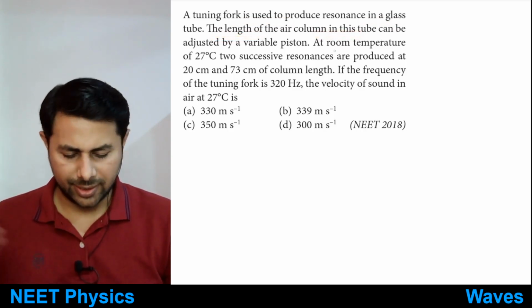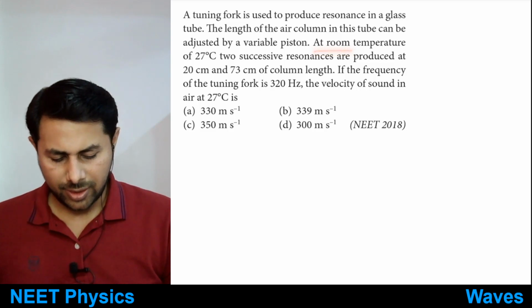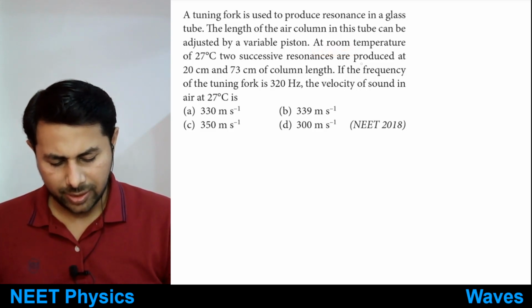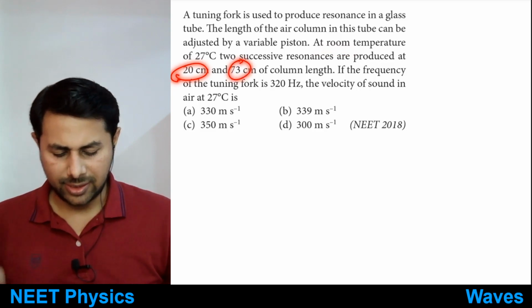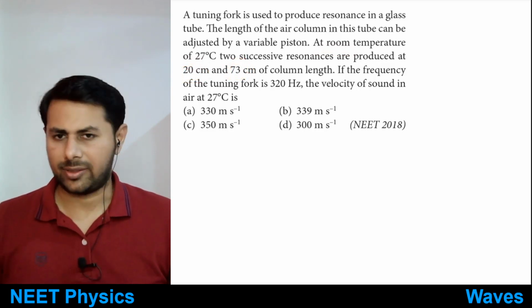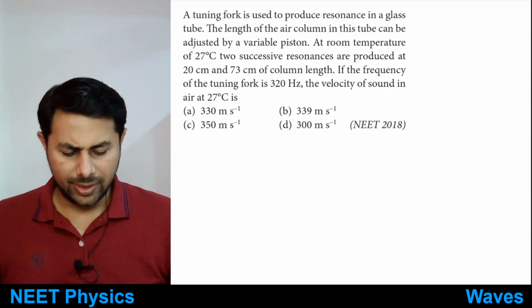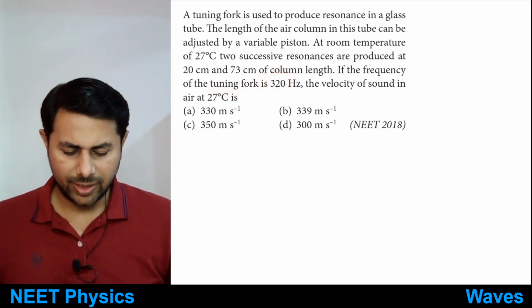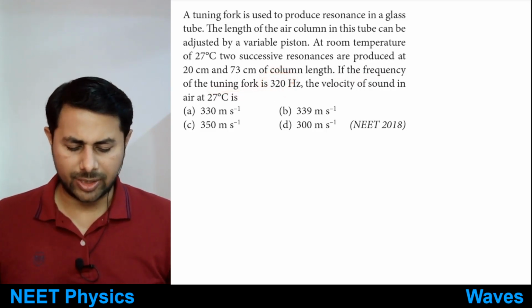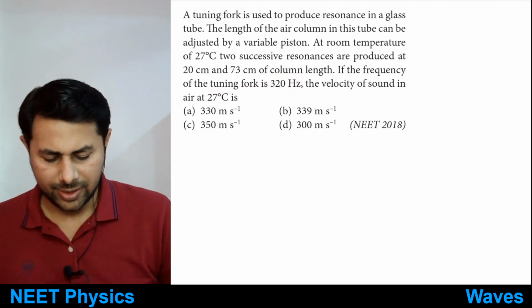Okay, you are adjusting the length. So at room temperature, resonances are produced at 20 centimeter and 73 centimeter of column length. Okay, then if the frequency of tuning fork is this much, 320 Hz, then what would be the velocity of sound at 27 degrees Celsius? This is the question.